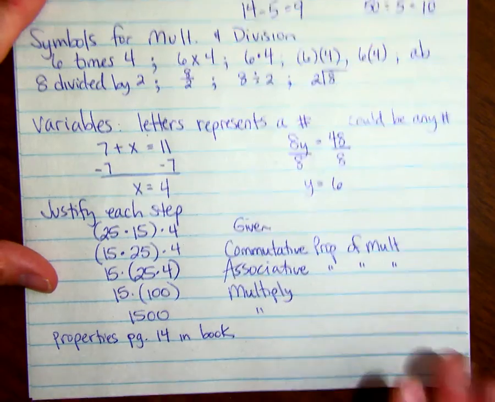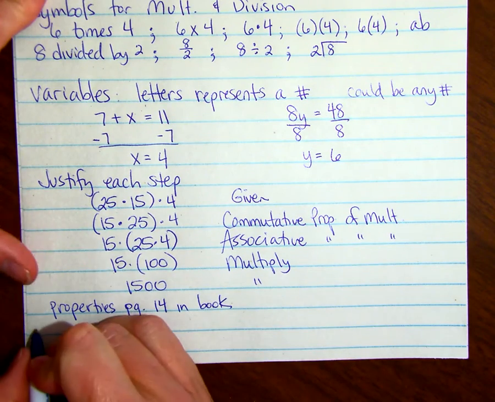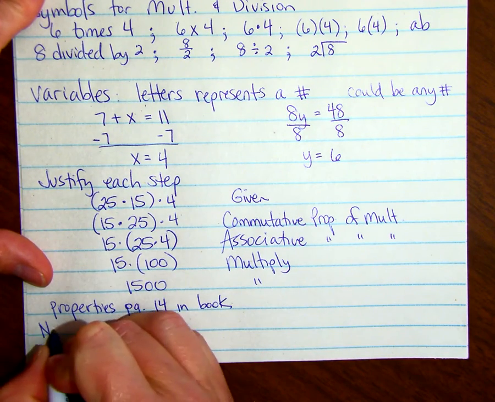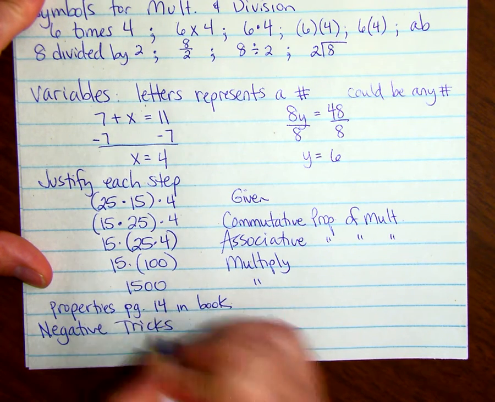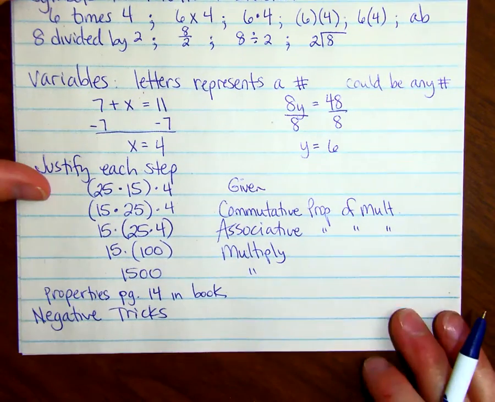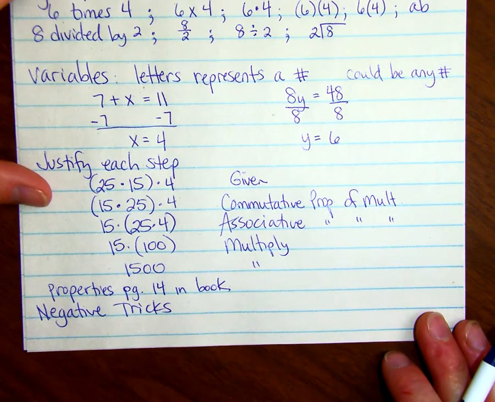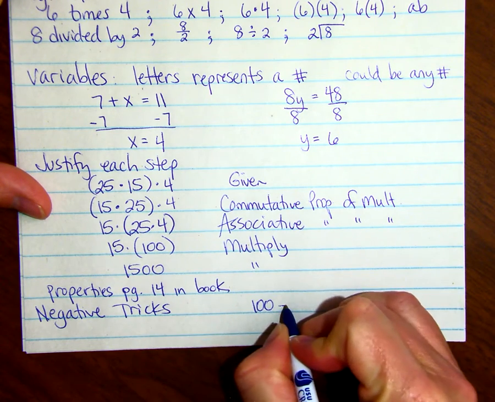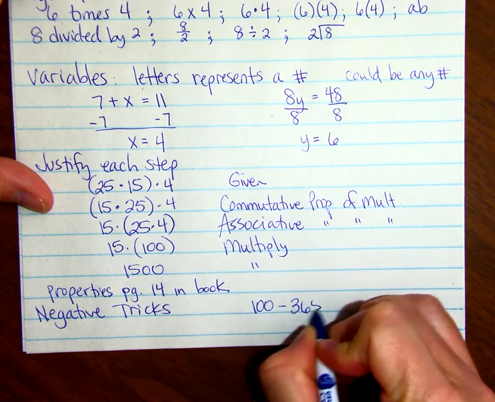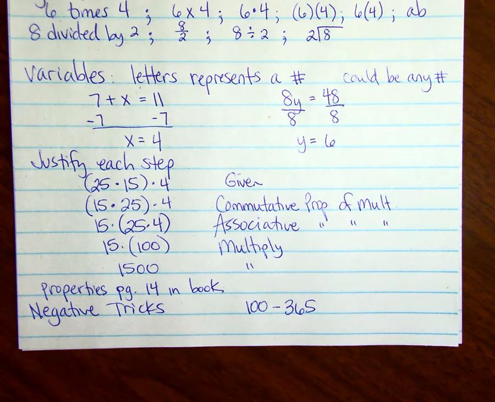Just real quick, I'm going to go over negative tricks when you are trying to add with negative numbers. I don't think it's so much a trick as just the way to do it, but we can call it a trick. Negative tricks. So if we're subtracting a bigger number from a smaller number, we're going to go into the negatives. So 100 is only 100 units away from 0. So if you take away 100, you're at 0. Then you still have to take away another 265.